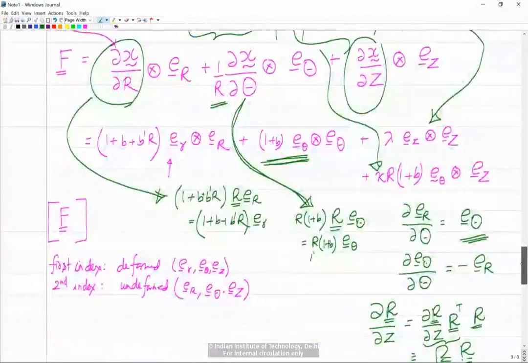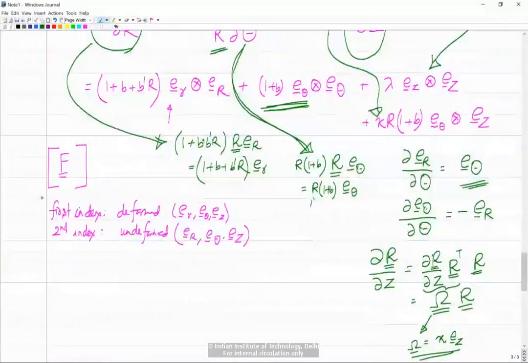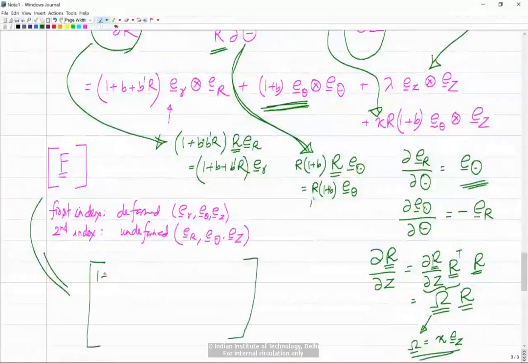Anyway, once you do this and you try to express this big F in this mixed coordinate system, the matrix that you get will simply be 1 plus B prime big R, and here you'll have 1 plus B. Here you get 0, 0, 0, 0, 0. Here you have lambda.